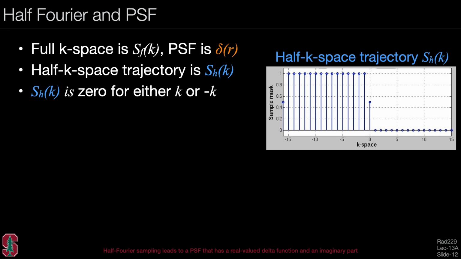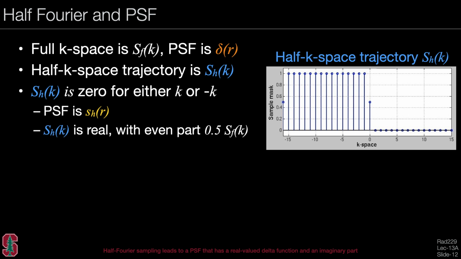So when we do a half-Fourier sampling pattern, we're essentially setting the points in capital S sub h to 0 for either k or negative k from the fully sampled pattern. When we do this, there's a point spread function, which is little s sub h of r. Notice that capital S sub h of k is real valued, and it has an even part that is exactly half of the fully sampled trajectory.